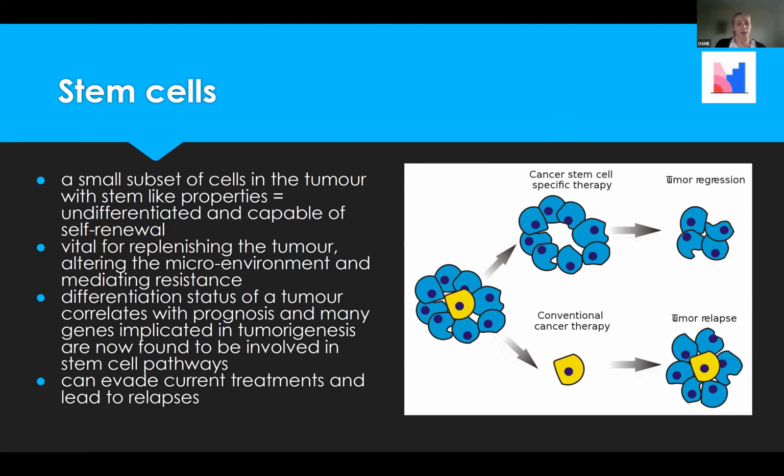Unfortunately, these are quite often enough for the tumor to grow in the way that we wouldn't like it to grow. It's also quite important to be aware of this, because obviously if we want to eradicate the tumor completely, we want to be eradicating these stem cells. But it's not the case that all of the tumor cells would be stem cells and all of the tumor cells would be capable of this.